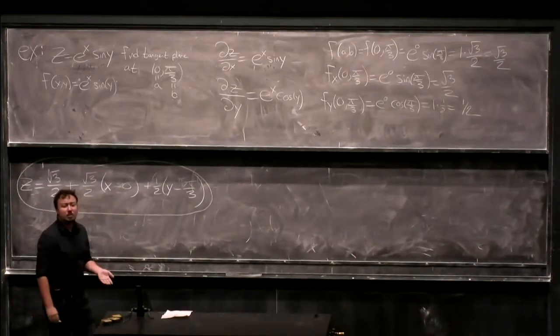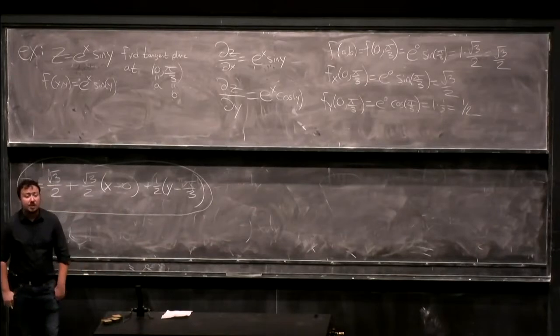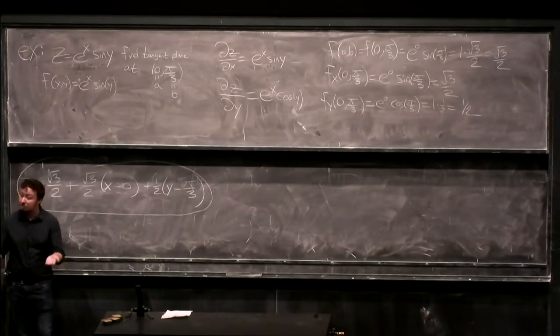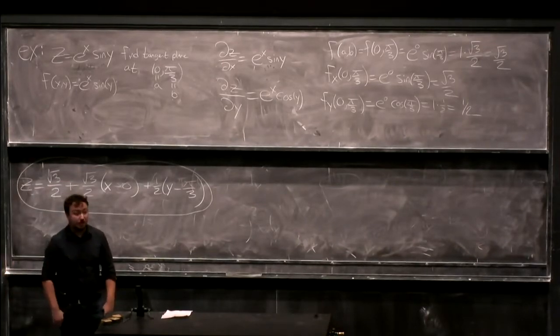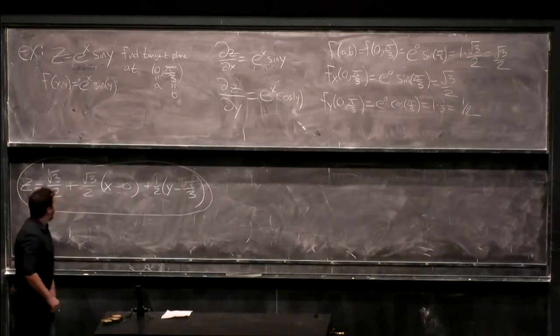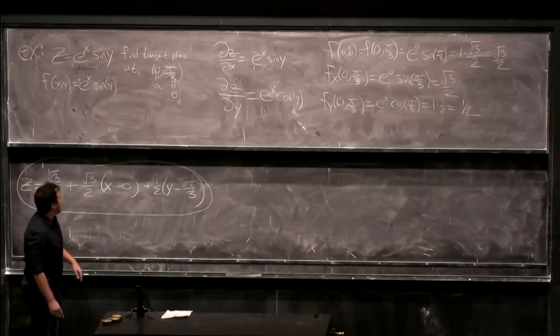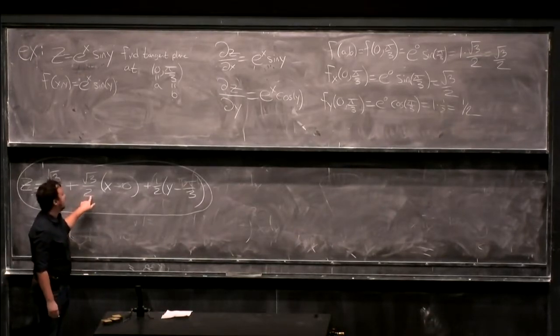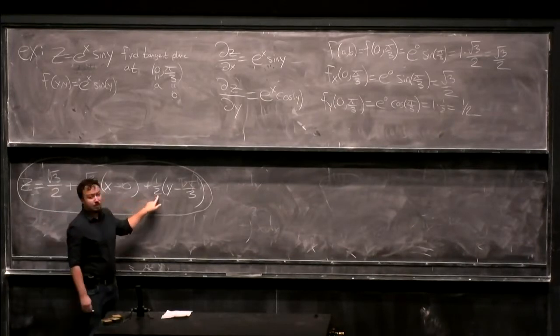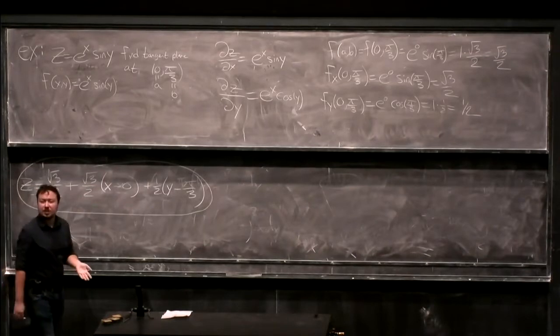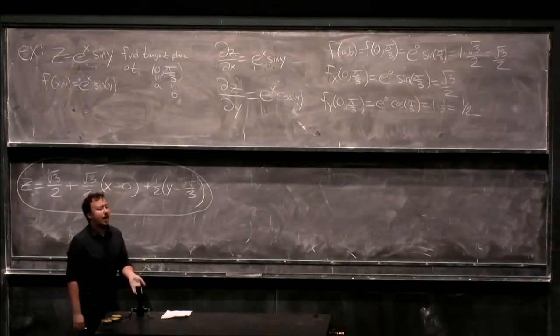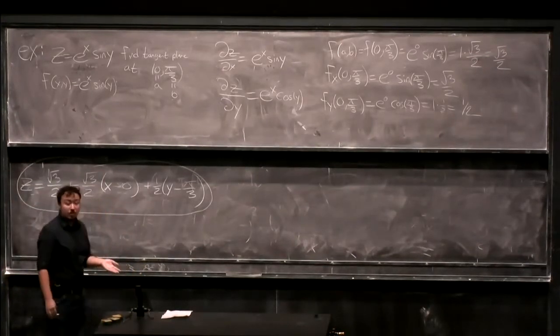Now, one thing that may come up in the future for you guys is finding the normal vector to your tangent plane, because it is a plane, so we should be able to figure out a normal vector to this plane. Now, the usual way we do that is for our normal vector, we take the thing that's in front of the x, the thing that's in front of the y, and the thing that's in front of the z, or the coefficients, and we make a vector out of those. So that's exactly how we're going to do this.